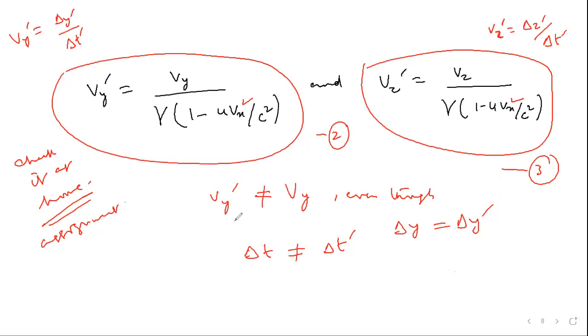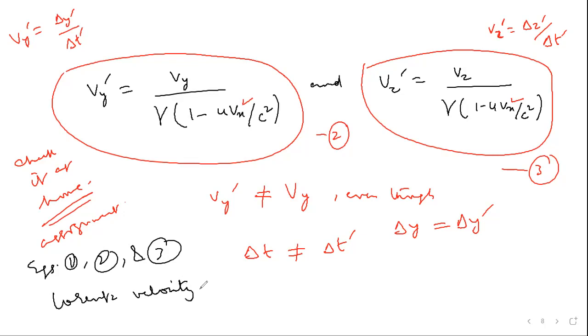Now these equations 1, 2, and 3 are called Lorentz velocity transformation equations.